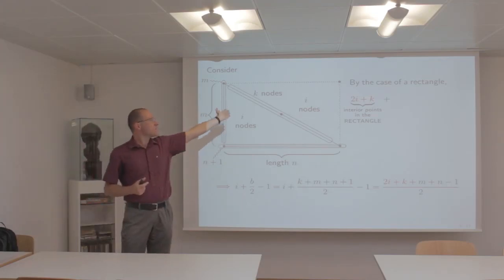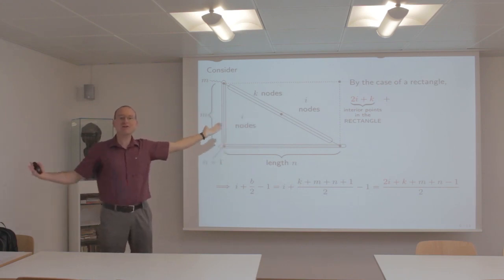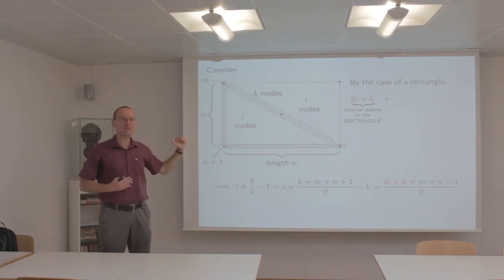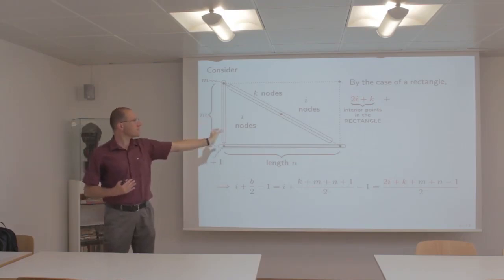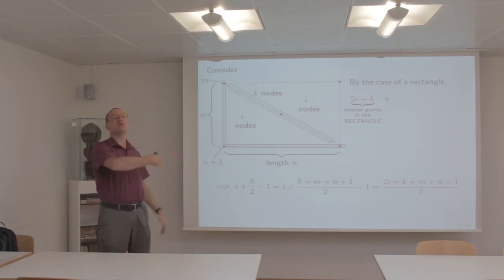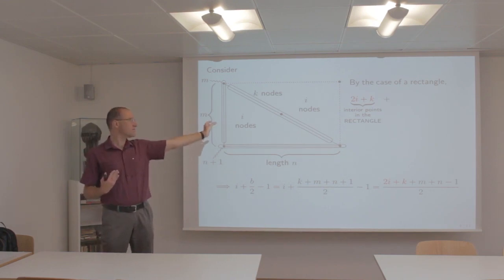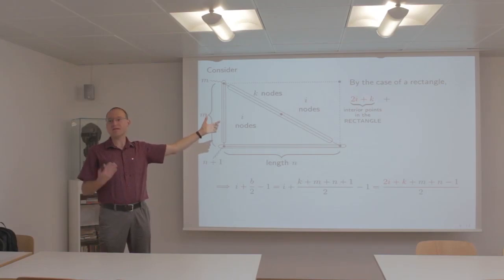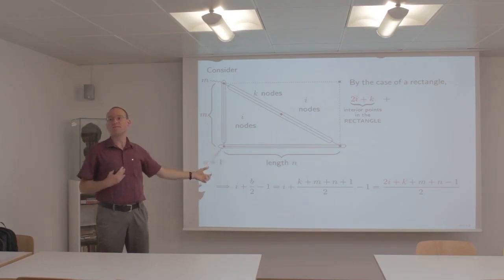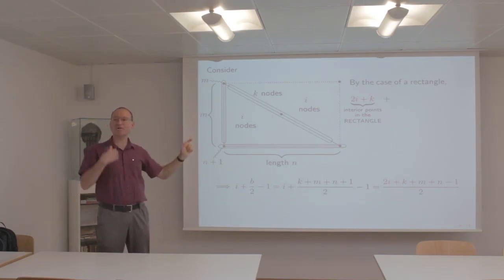Now, let's write down Pick's formula for a rectangle. We already know. We've proven it already. So this is the number of interior points. What should I put after the plus? If we evoke Pick's formula for the rectangle, first you have interior lattice points in the rectangle, plus the boundary points, plus half the number of boundary points minus 1.